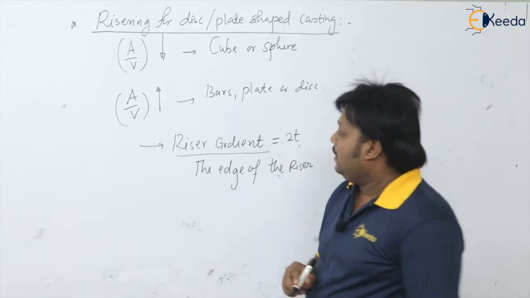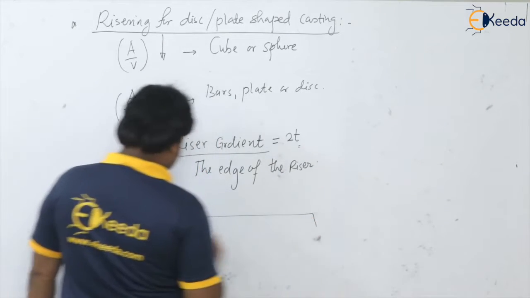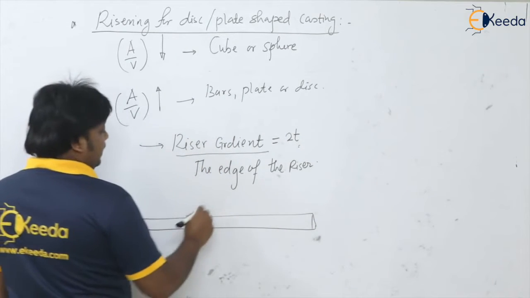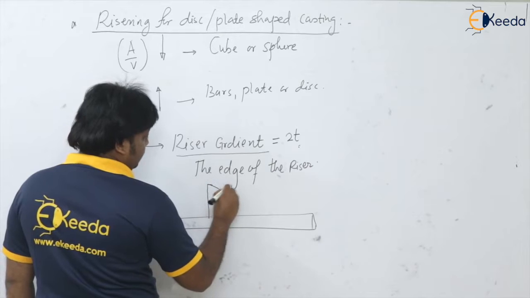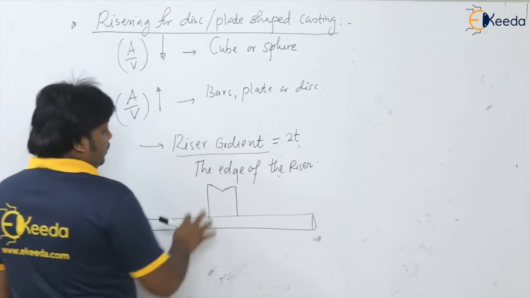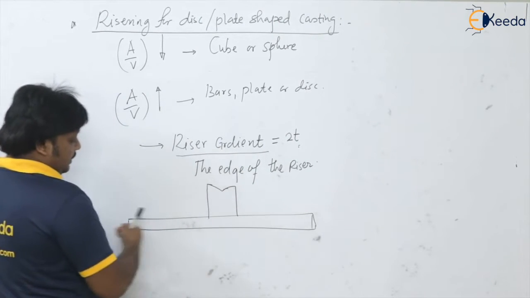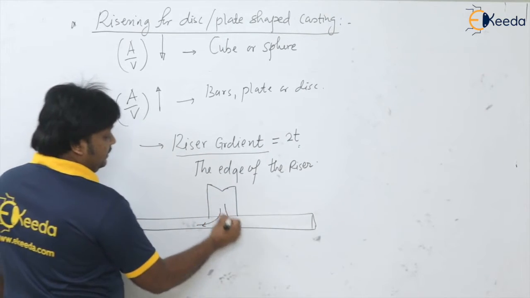I can show you the diagram. Say this is the plate or disc that I am casting, and here I am using a single riser. By provision of this single riser, how much distance is this riser going to feed the casting?